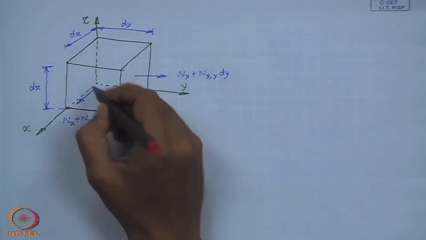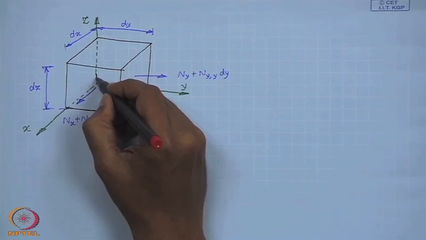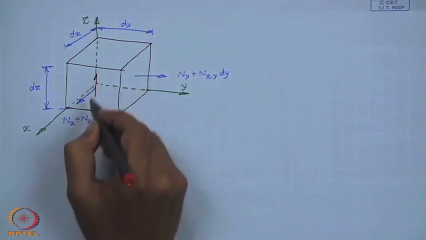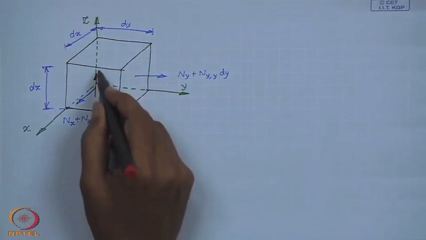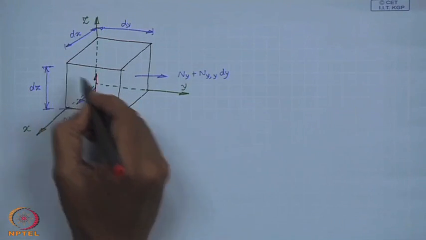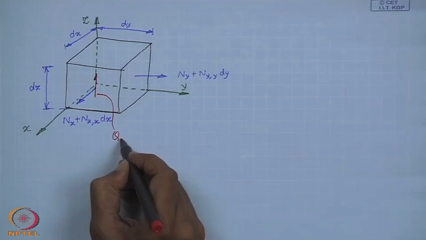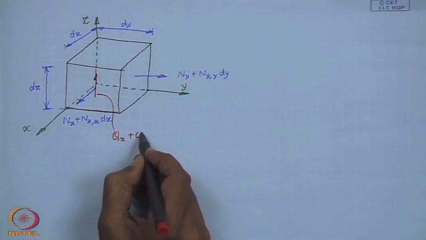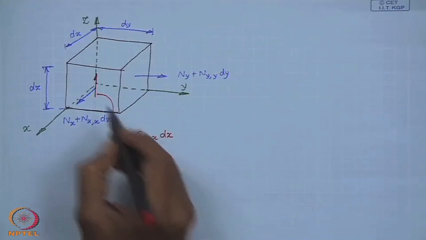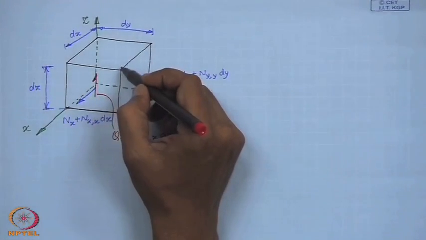Now, the resultant because of the shear stress on this face is up, and on the opposite face it will be down.